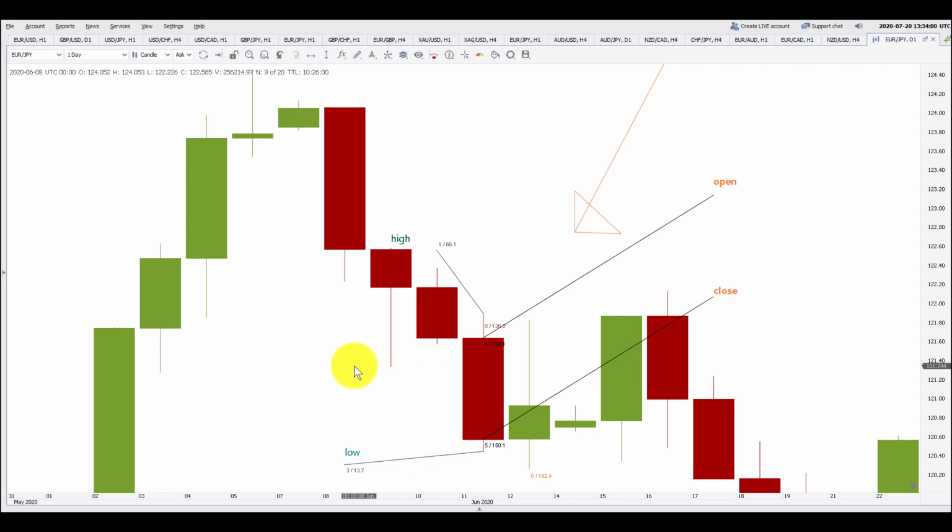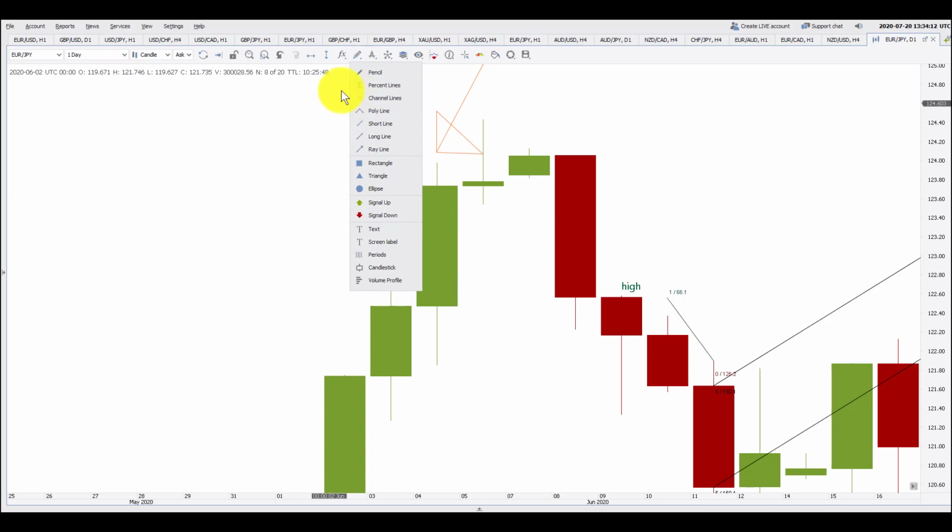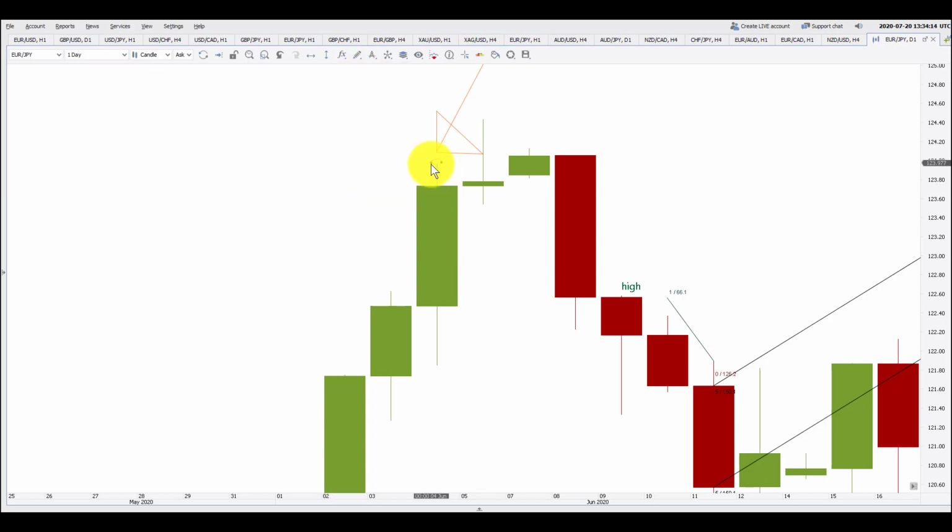So in that case, like in this particular candle here, this place is the high, this is the closing price, this is the opening price, and this is the lowest traded price of the day. So with this you get more information about the candlesticks.